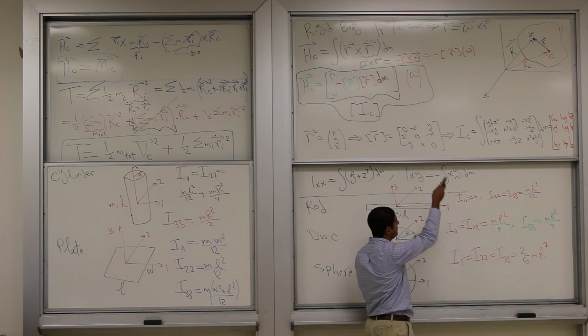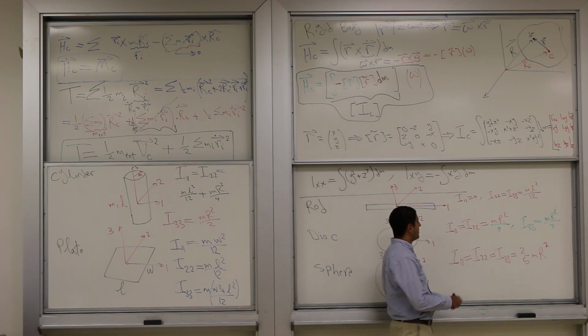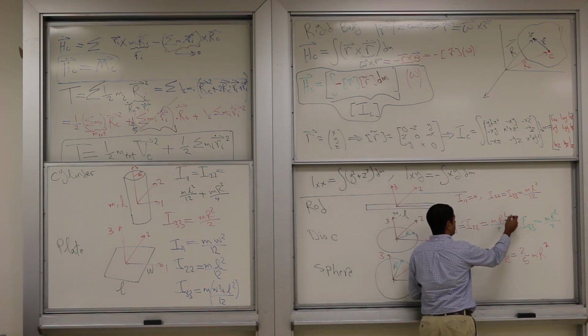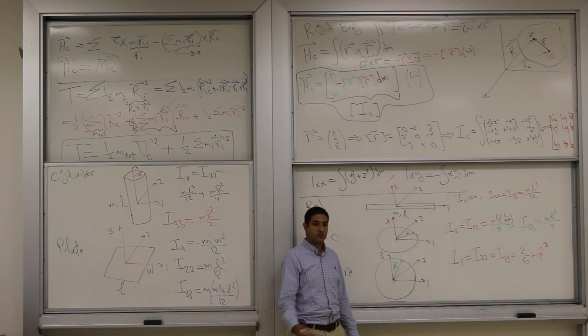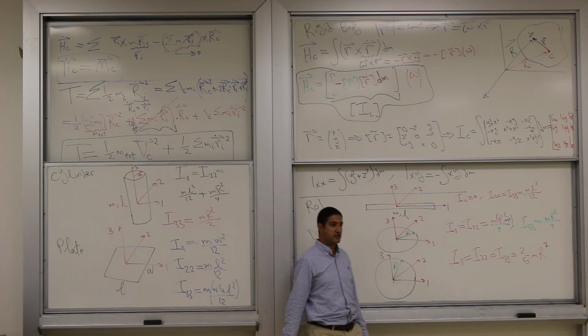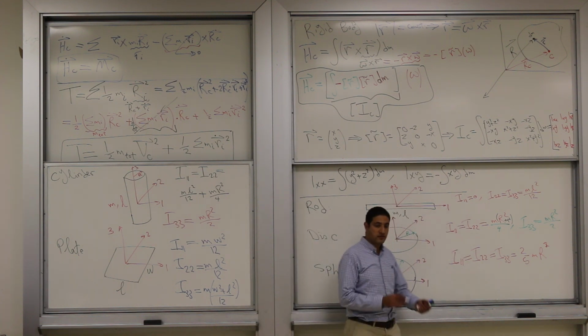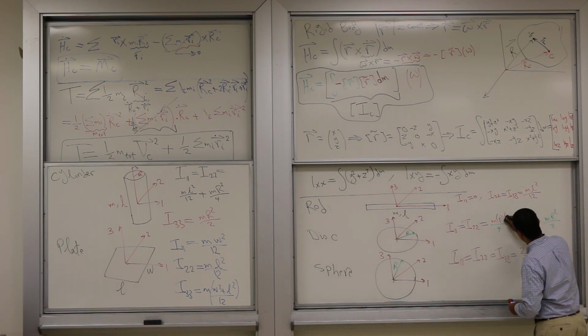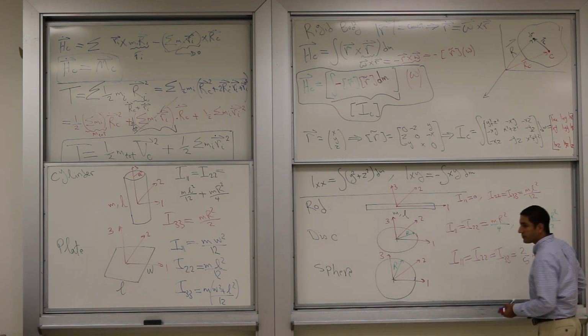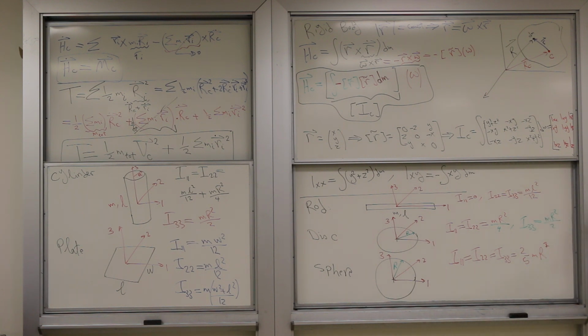If you use the main definition, you'll have thickness squared here, but the thickness is much smaller with respect to the radius, so you can neglect t squared with respect to r squared. So yes, these are idealized shapes. If you have a more complicated shape, either mix and match and add moments of inertia, that's perfectly fine, or use the basic definition to get it for your shape.